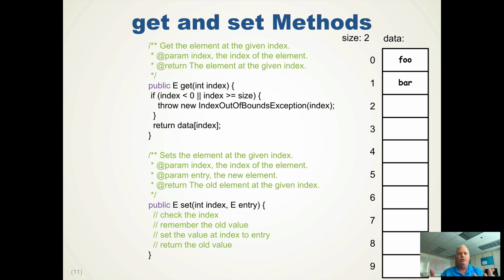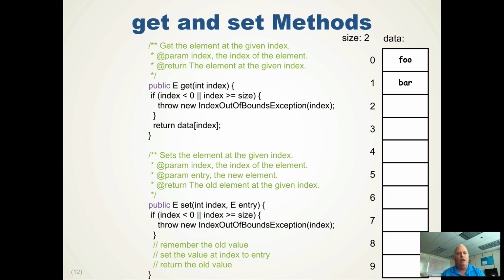Very similarly, the idea is we need to check the index. The set method returns the thing that was in the list, so we have to remember the old value, because once we overwrite the value, we've lost it. We then overwrite the value, and then we return the old value. So again, we check the index: if it's negative or greater than or equal to size, because size is not a valid index, we throw our exception.